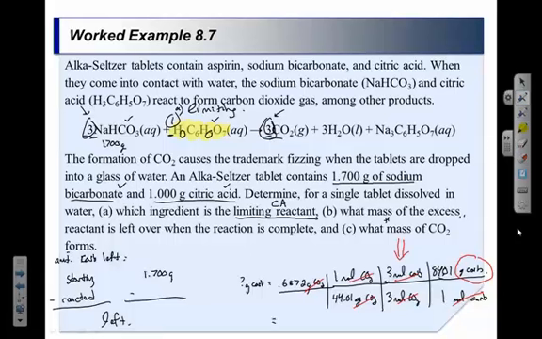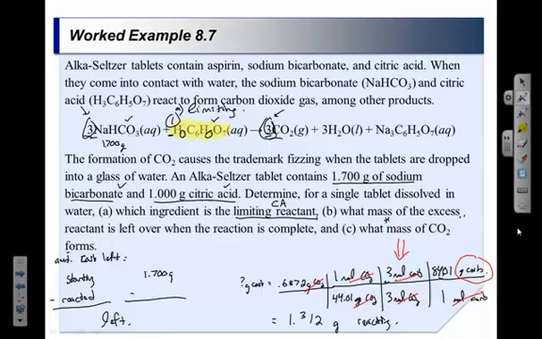So that's going to be 0.6872 divided by 44.01 times 3 divided by 3. That cancels, so times 84.01. And I get 1.312 grams reacting. That's the maximum amount that could react.